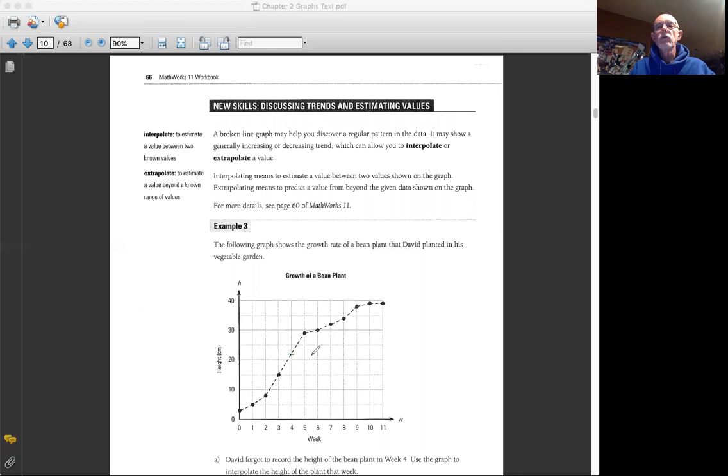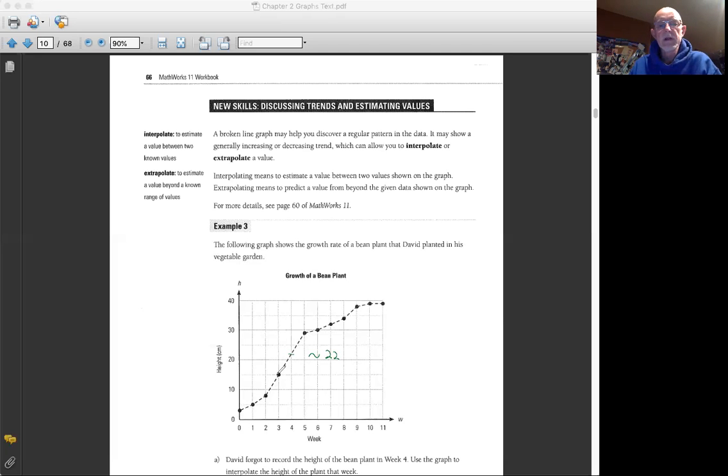Now, in order to write about 22, you use a little squiggly line like this, which in mathematical script means approximately. So I'm going to say approximately 22. The other way is to take the average between the two nearest points.